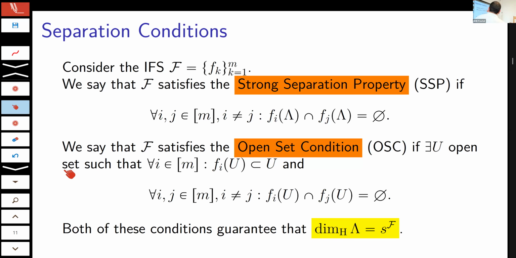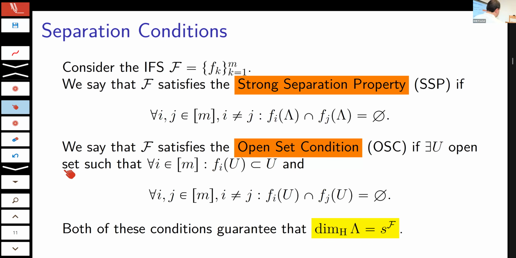And we say that the IFS satisfies the open set condition, which is a bit milder, if we can find an open set U invariant under all the functions, so all the functions map the set inside itself, such that for different i and j, the images under f_i and f_j of this open set U have no intersection.